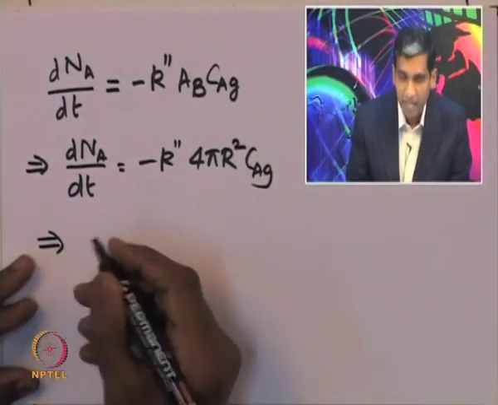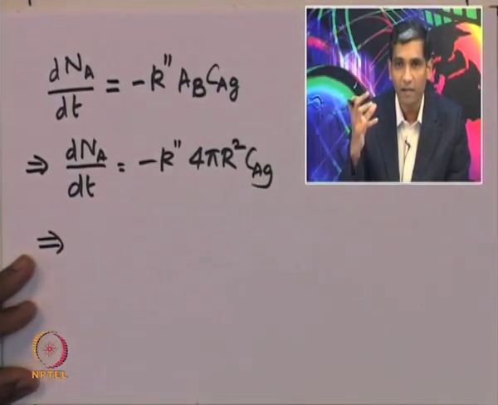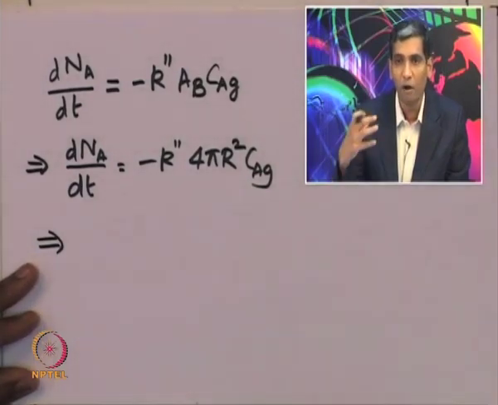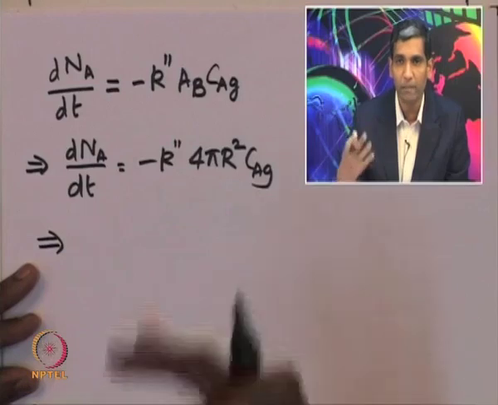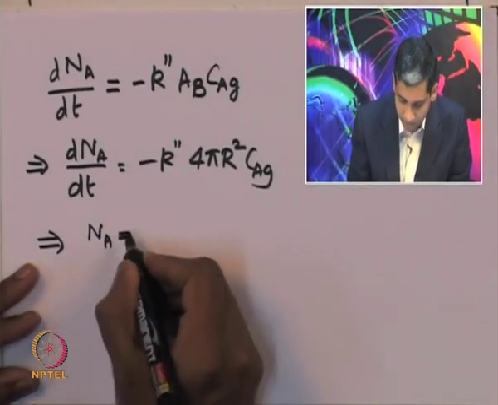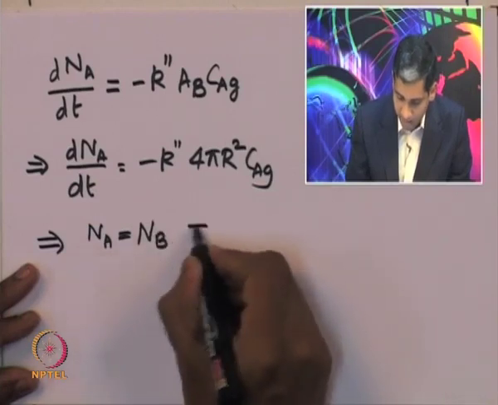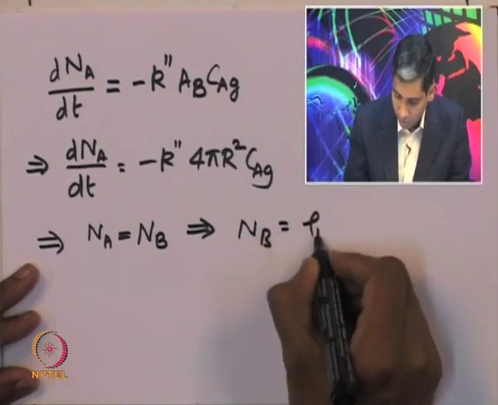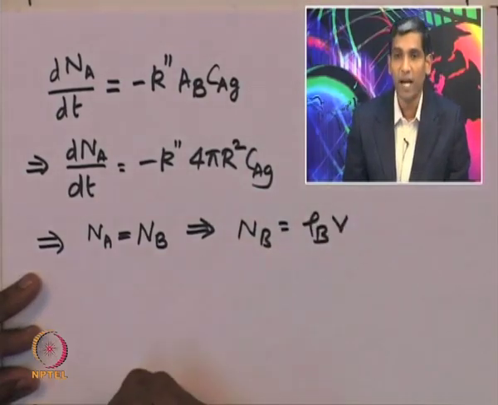Now N_A, the number of moles of the gas reactant, should be equal to the number of moles of the solid reactant based on stoichiometry. So, N_A equal to N_B, and N_B equal to rho_B into the volume of the unreacted core.